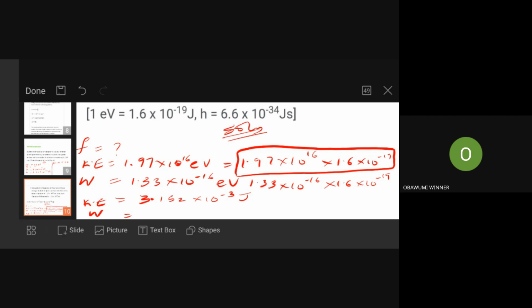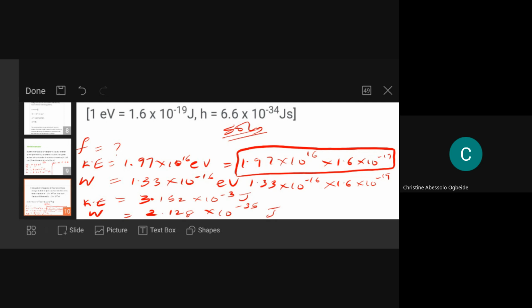What is the value when 1.33 times 10 to the minus 16 is multiplied by 1.6 times 10 to the minus 19? You guys are taking time. 2.128 times 10 to the power of minus 35 joules.